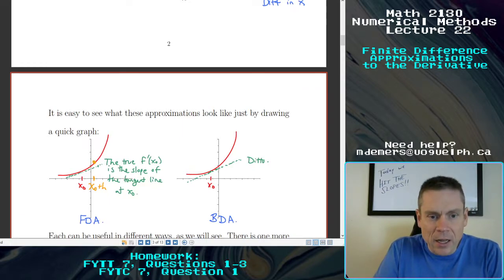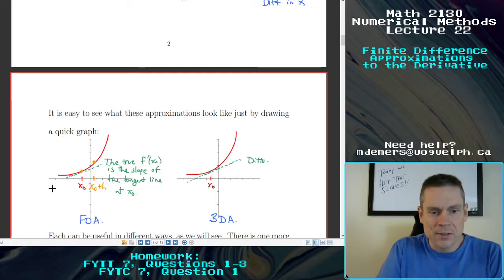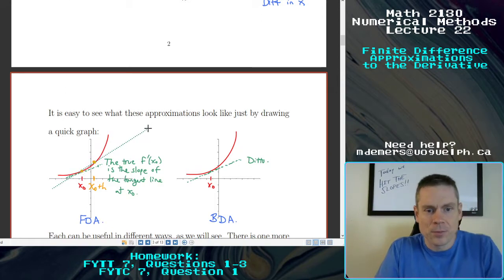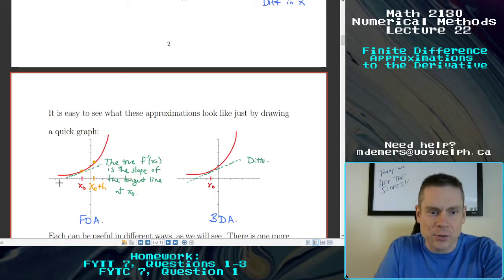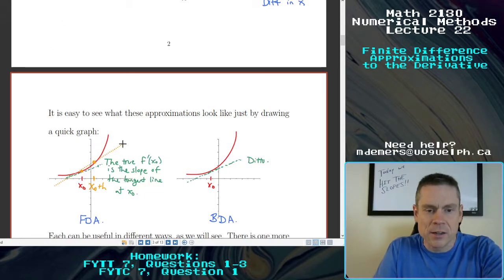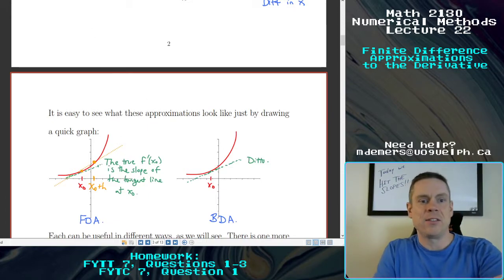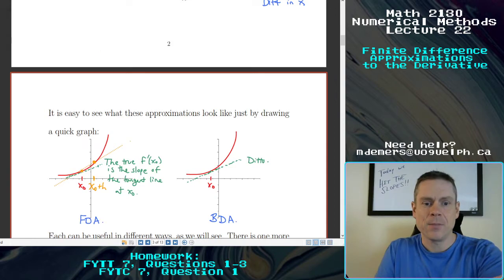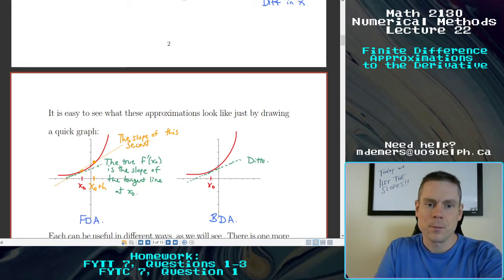I'm taking this point and that point, and, well, I would like the same color actually, so I'm going to change to this orangey color I've got. Okay, so that's what that is. I'm going to say the slope of this secant line approximates the true derivative.